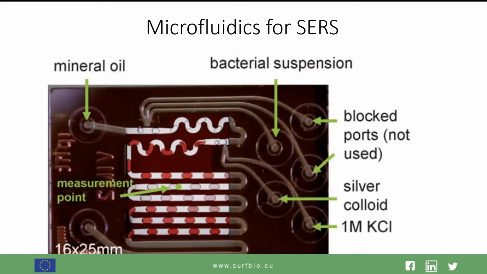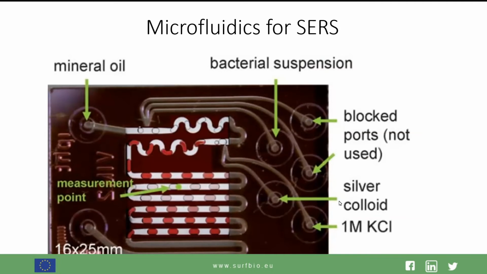And one of the last applications, which is also interesting to produce, but as you saw here, we need a much more fancy, cheap, and well-designed setup, is microfluidics for surface enhanced Raman spectroscopy. The idea here is that we have a channel with bacteria, a channel with oil, and a channel with silver colloids.